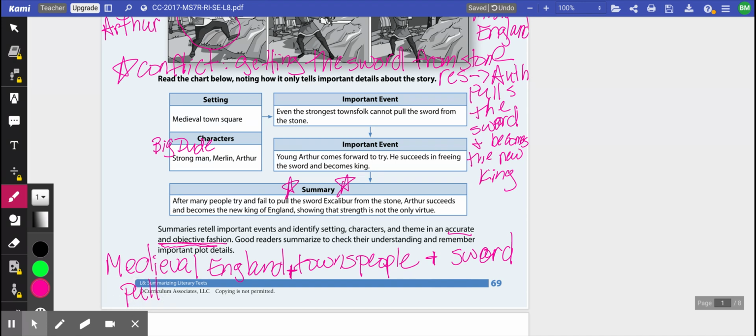And this is our they want, sword pulled from rock so they can have a new king. But no one can except for Arthur.